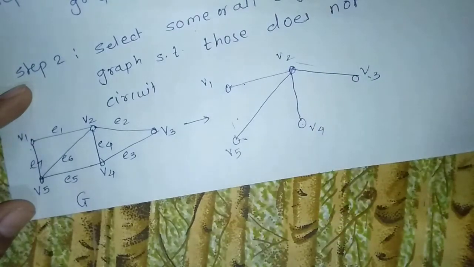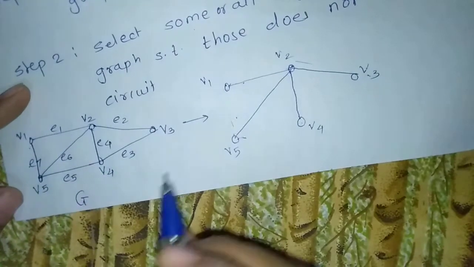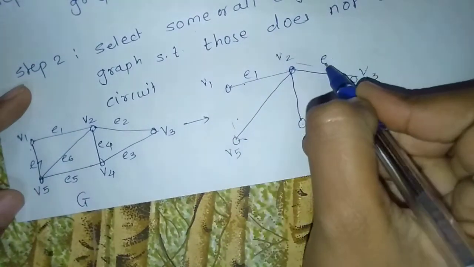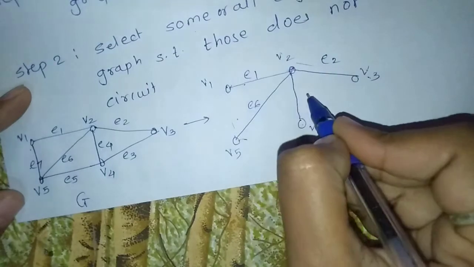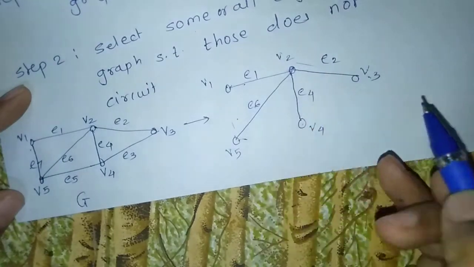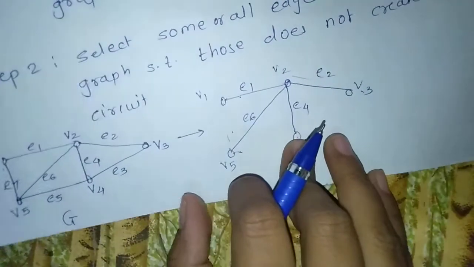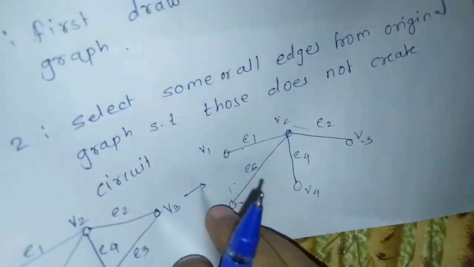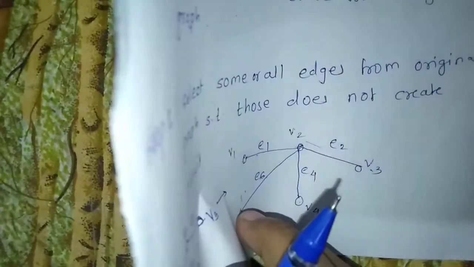So here we neglect or ignore edges E7, E5, E3. Only here we take E1, E2, E6, E4. Okay. Now this is nothing but the spanning tree.